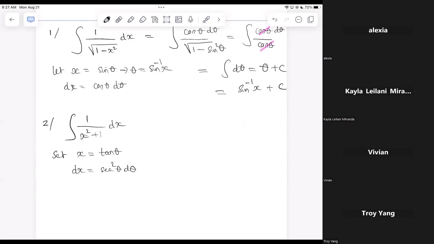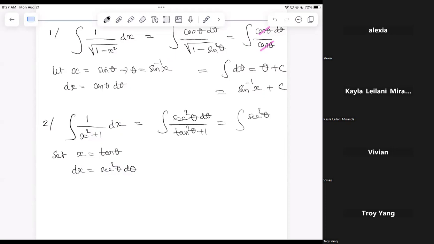And in the integral, we have dx, and dx is equal to secant squared theta d theta, so I put in secant squared theta d theta. That is the numerator. The denominator, I have x squared plus 1, which is now equal to tangent squared theta plus 1.